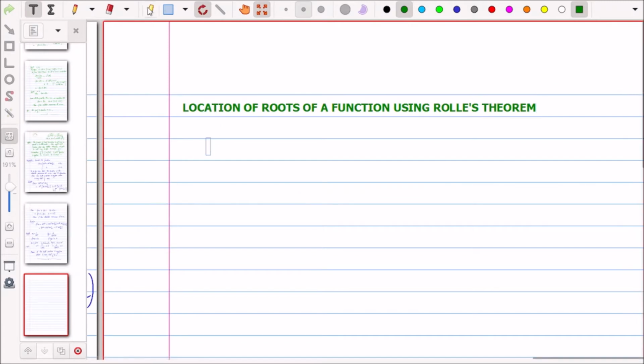Okay, so this is another application of mean value theorem. We will locate roots of some known functions using Rolle's theorem.